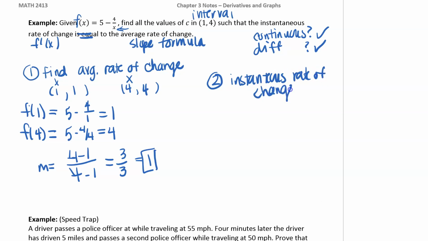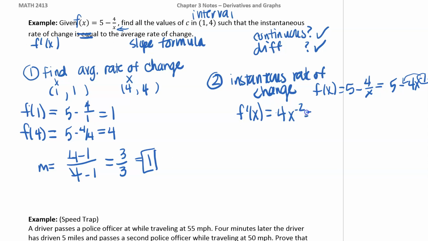And that would be dealing with my derivative. So I'm going to say f prime of x is equal to, now f of x was equal to 5 minus 4 over x. So I'm going to go ahead and apply my algebra. That would be 5 minus 4x to the negative 1. So that when I take the derivative, I would bring the 5's derivative to 0. So I bring the negative 1 down, and that would make it positive 4x to the negative 2.